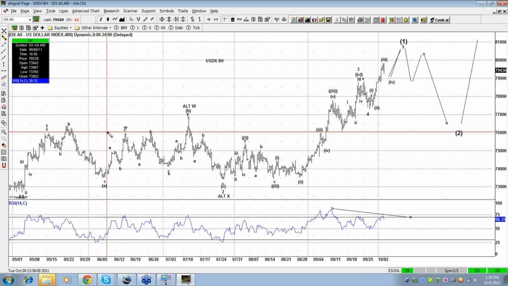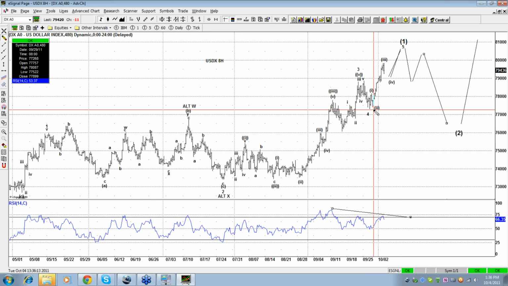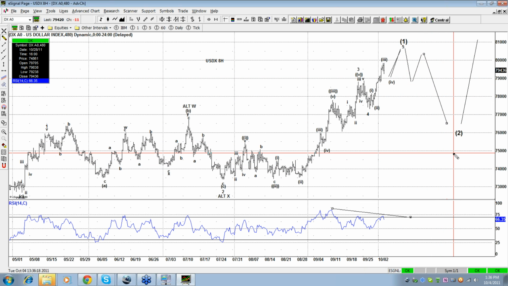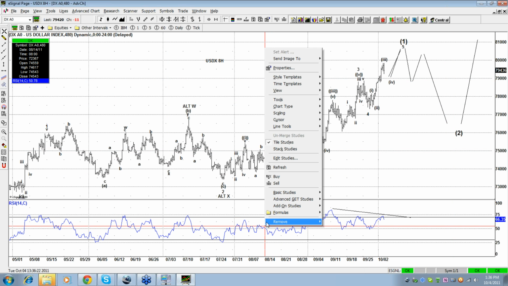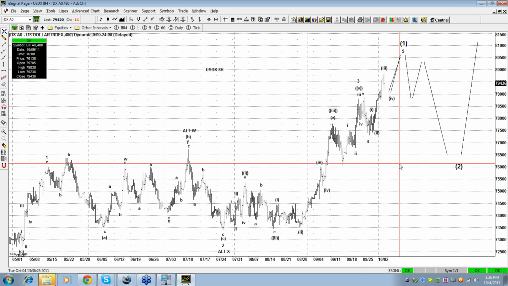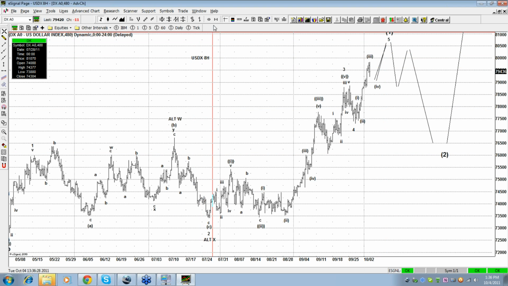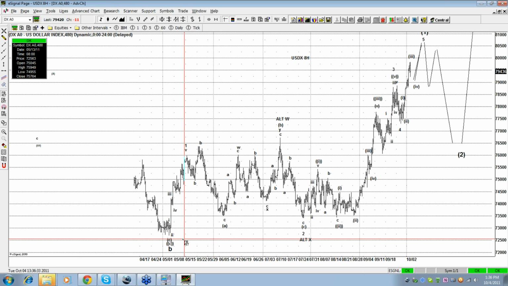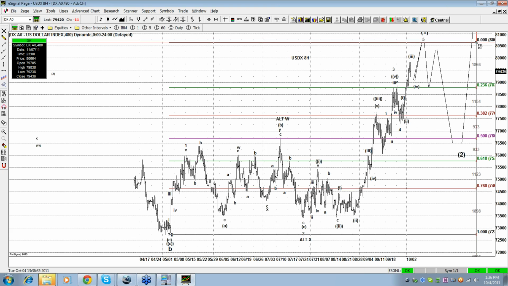No, not really, Rafi, because technically if it's 1, 2, 3, 4, 5, it can get as deep as 75 easily, because then you're correcting the whole move. Let's say that it goes to 80, it can get to 76, 75 easily.